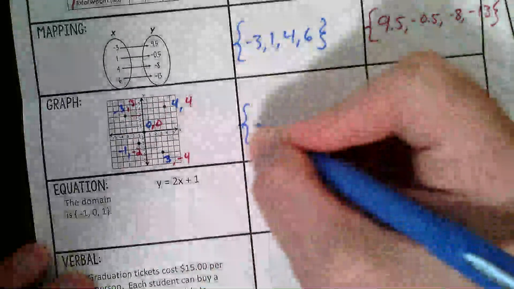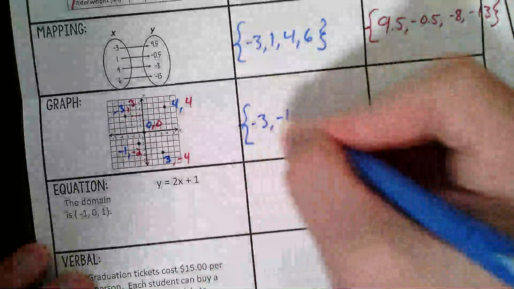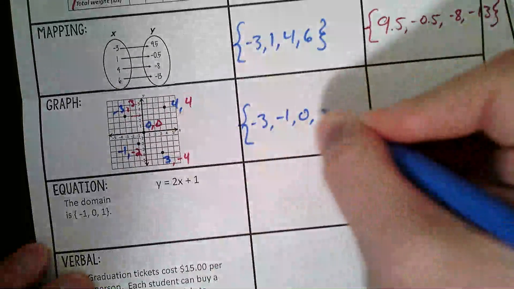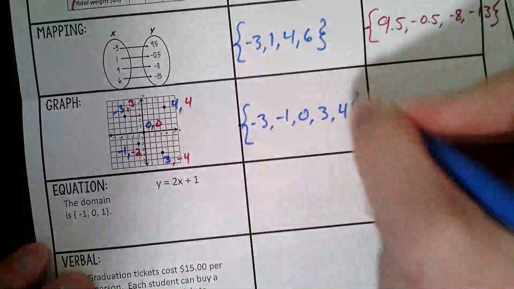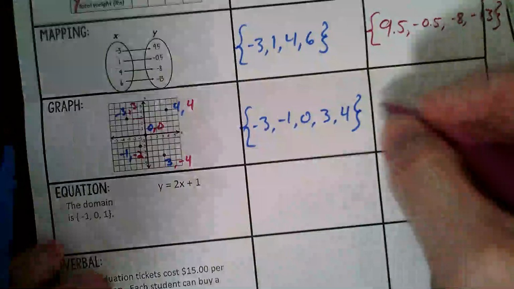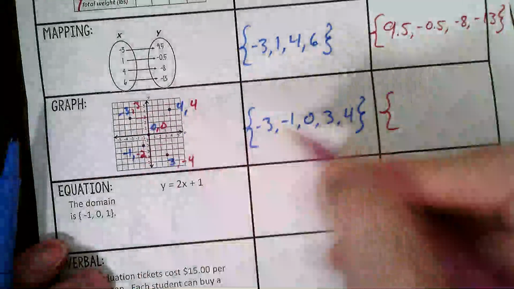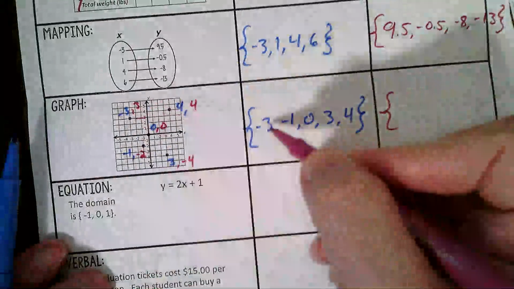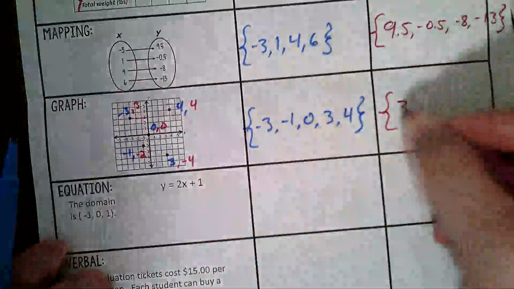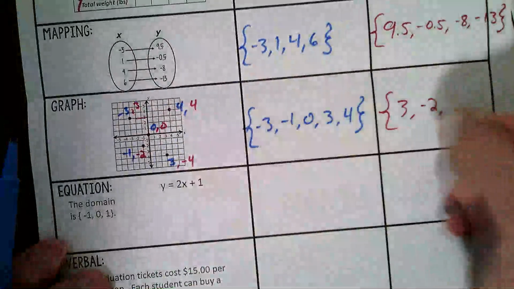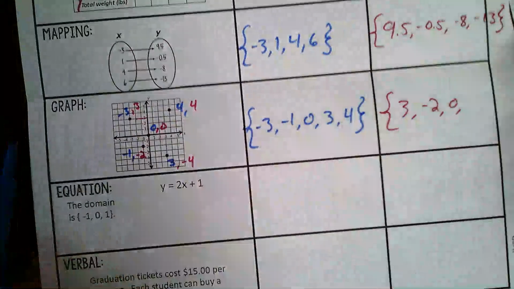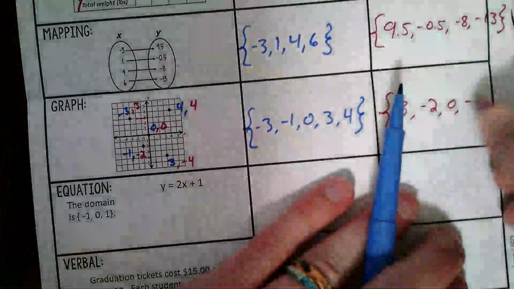So when I list my domain data set, I have -3, -1, 0, 3, and 4. For my range, I'm going to again list them in pairs with the domain values. It's just a way for me to make sure that I'm listing the correct ones.